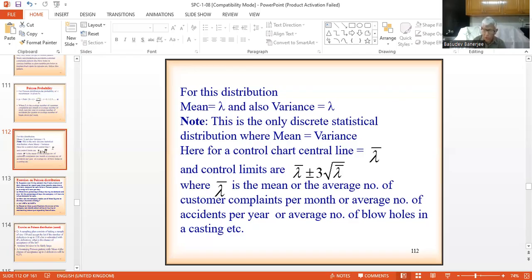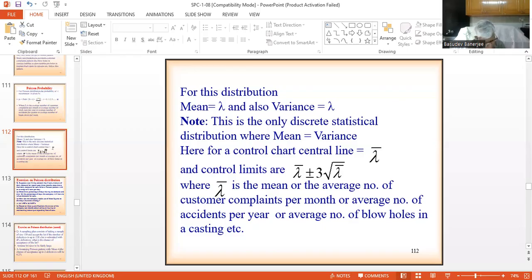But we cannot go on adding up to infinity, so we do 1 minus the sum from 0 to 5 of e to the power minus 3, 3 to the power r by r factorial. Again, see this table for lambda equal to 3, r equal to 5. It is 0.9161.